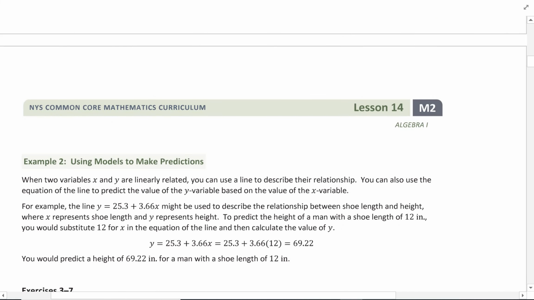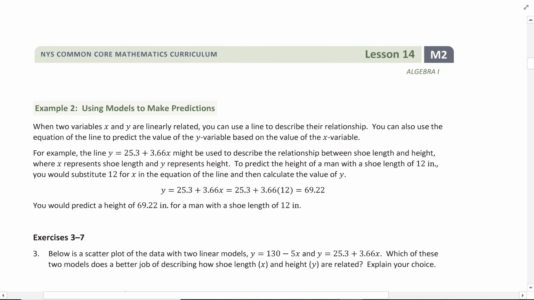Now, second problem. Example 2. Now, basically, in example 2, it tells you what we're doing with the scatter plot. We're going to be fitting a line to the scatter plot. So it says when two variables, x and y, are linearly related, you can use a line to describe their relationship. That's huge. And this is what I was talking about last lesson, is these data analysts gather thousands and thousands and hundreds of thousands of data points, and they make them fit a certain algorithm or a certain regression.